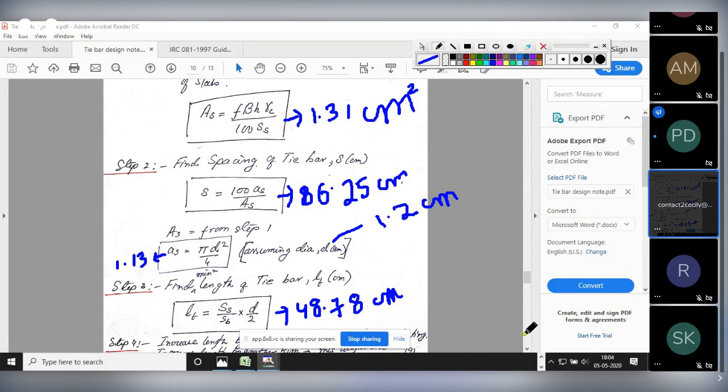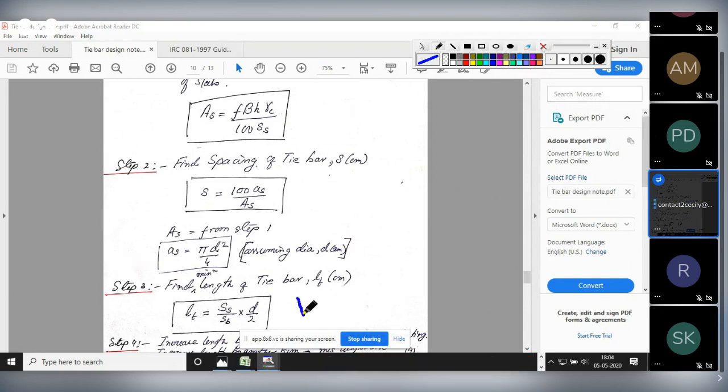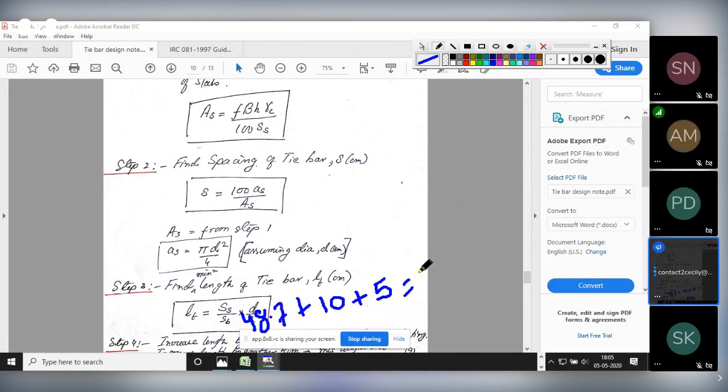So 48.78 plus 10 plus 5 gives 63.78, approximately 64 centimeter.